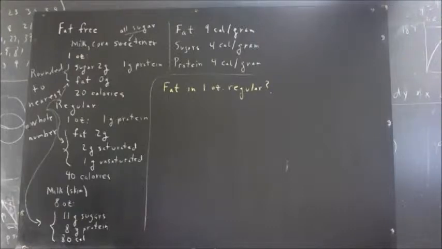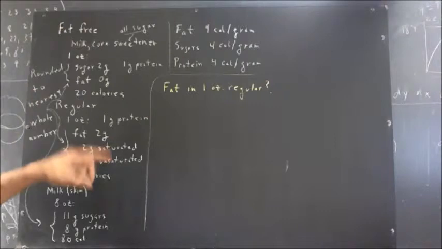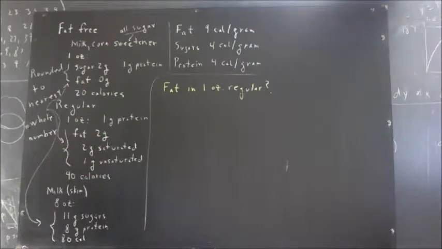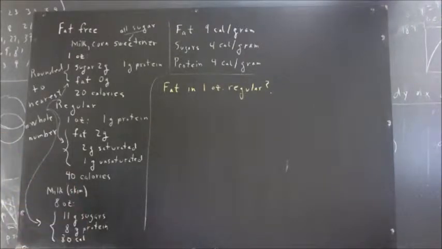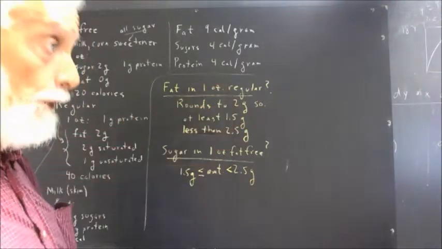So, how much fat in 1 ounce of regular? Just how much fat? And let's just go with the idea that the 2 grams is correctly rounded. Then that means, what's the smallest amount that would round to 2 grams, and what's the largest amount that could round to 2 grams? Well, 1.5 grams rounds to 2 grams.